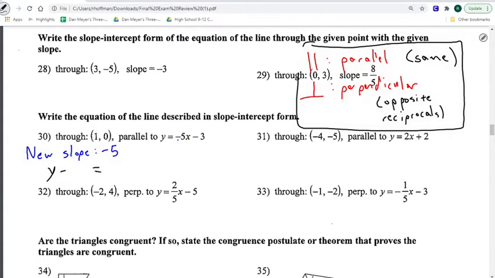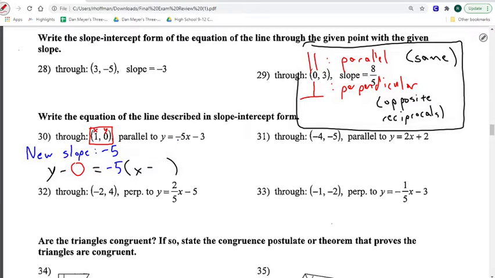Y minus our y coordinate equals the slope times x minus the x coordinate. So now we're going to plug in. Here's our point. Here's x, here's y. Y minus the y coordinate, well, the y coordinate this time is 0, equals our slope, which stays the same, it's -5, times x minus our x coordinate.